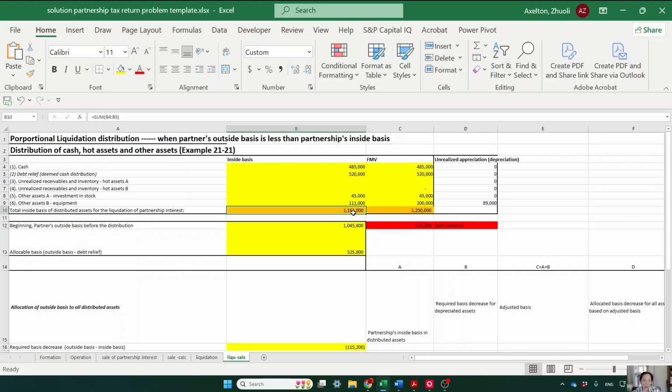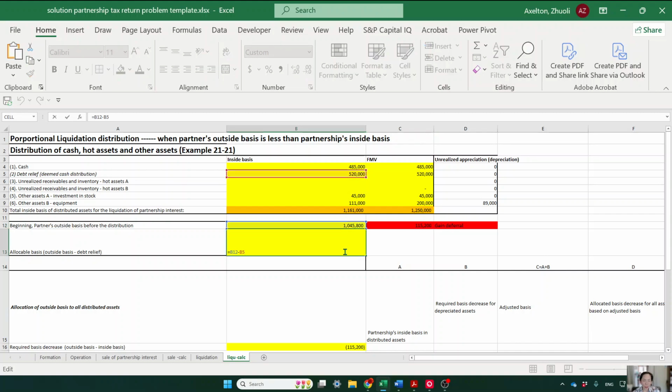In that case, when you compare the two numbers, the outside basis and the inside basis, you will see the scenario falls into the partner's outside basis being less than the partnership inside basis. Therefore, there's a gain deferral of $115,200. And the allocable basis, the 525,800, is really the total outside basis excluding the debt relief.